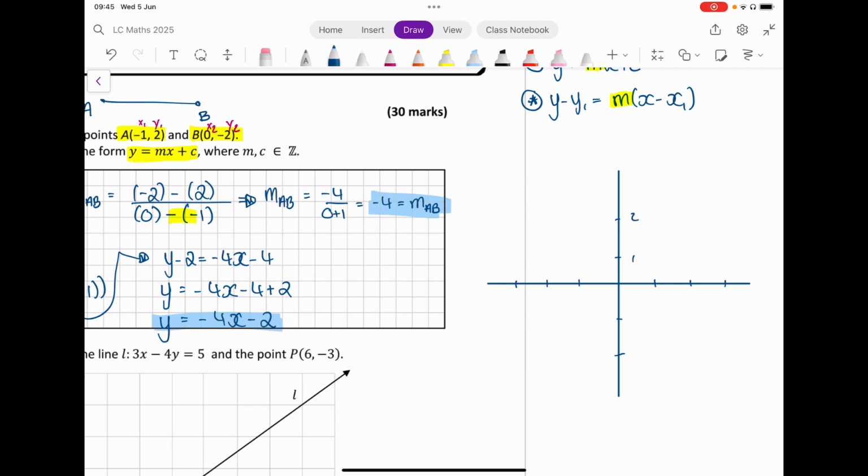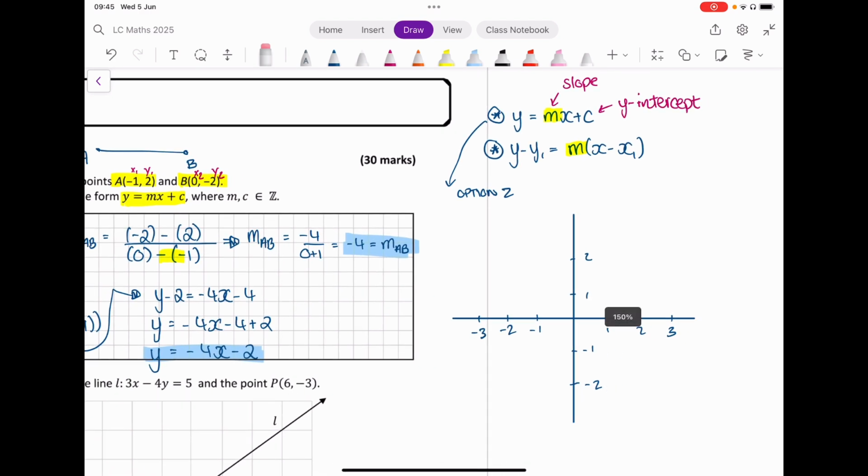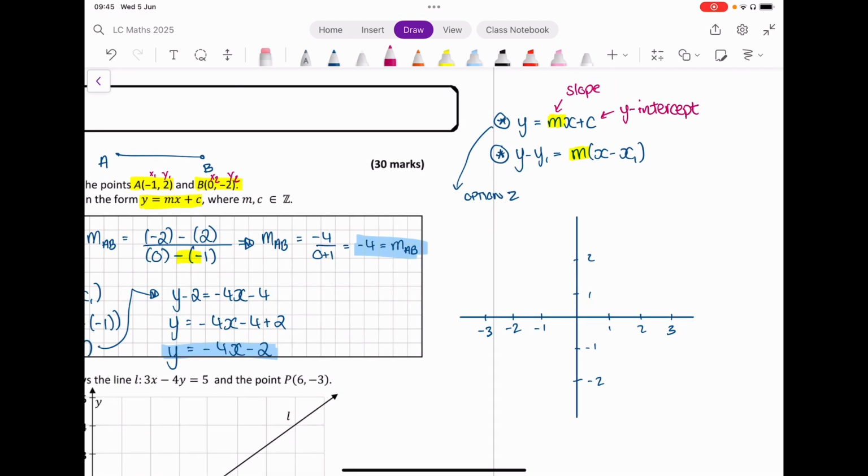So we've got 1, 2, minus 1, minus 2, and 1, 2, 3, minus 1, minus 2, minus 3. So this is looking at the second way of doing it. So this is option 2.